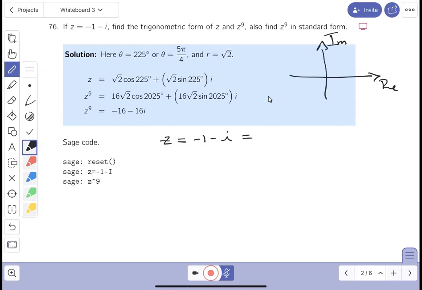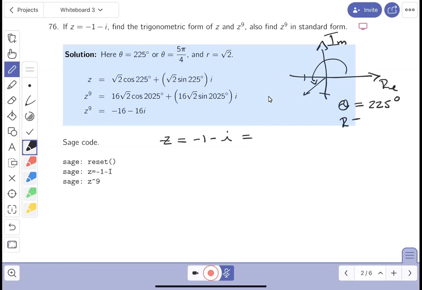Minus 1, minus 1, and where would that be? Minus 1 over here. So I'm going to say that's a fairly easy angle. The argument for that would be, the reference is 45 degrees. So it's 180 plus 45, 225 degrees.